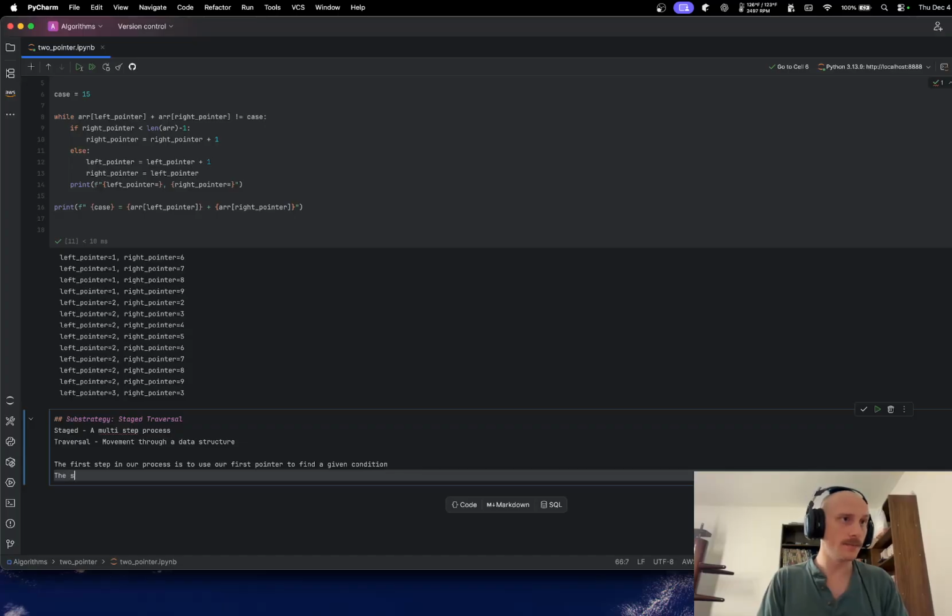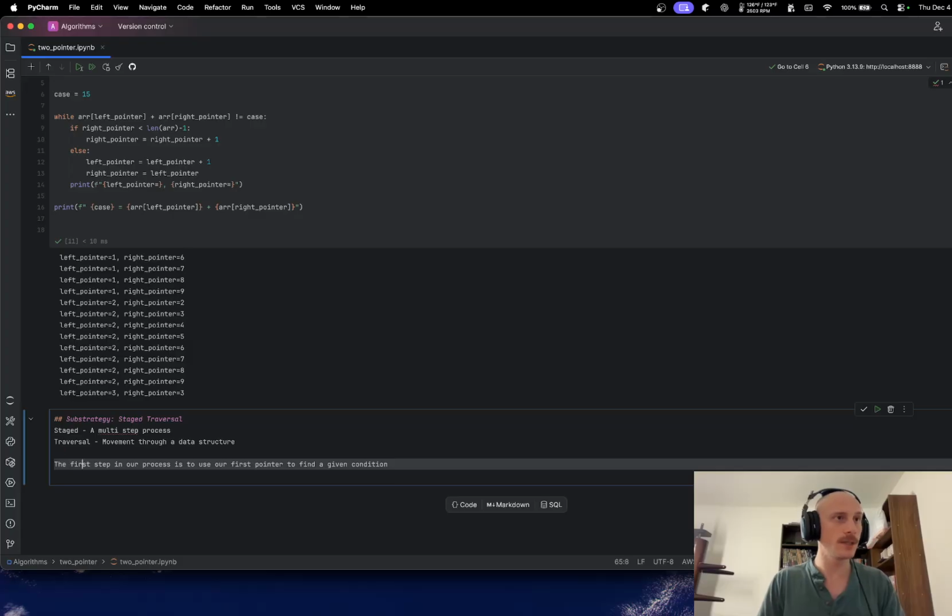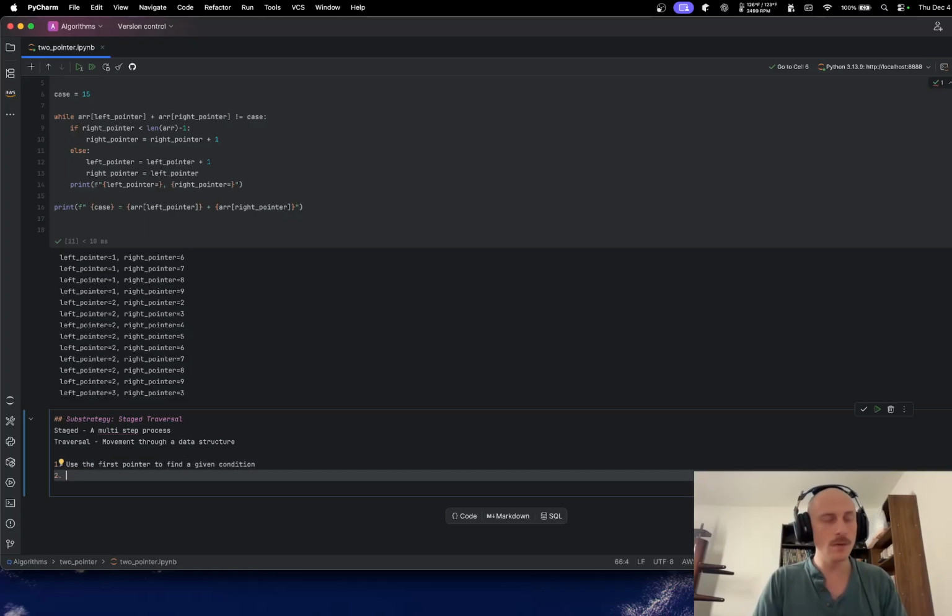Then step 2, actually, you know what, let's make this even more clear. 1, use the first pointer to find a given condition. 2, when the condition is met, initialize the second pointer.